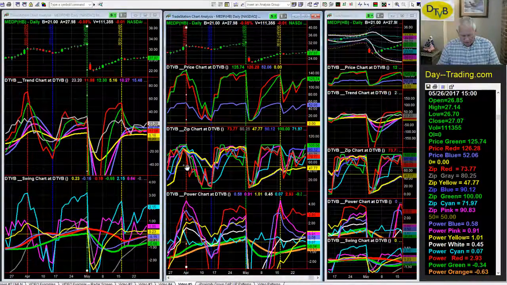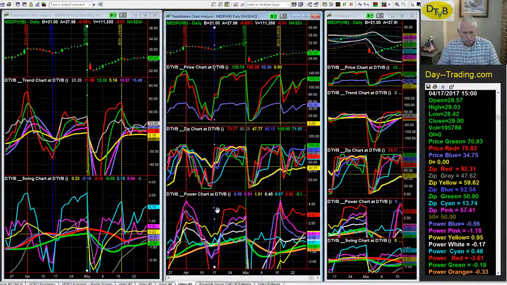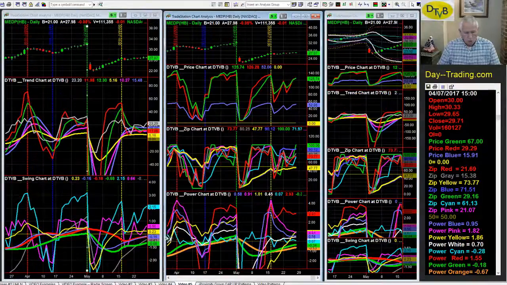The other thing is that swing pink and swing gray are in divergence on the red vertical line. Swing pink and swing gray, one is up, one is down. If you look at the yellow line, one is up and one is down.